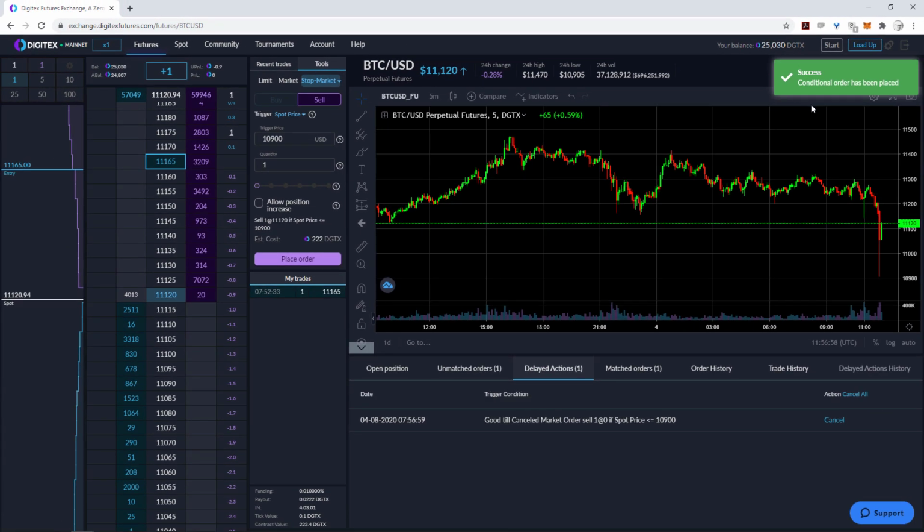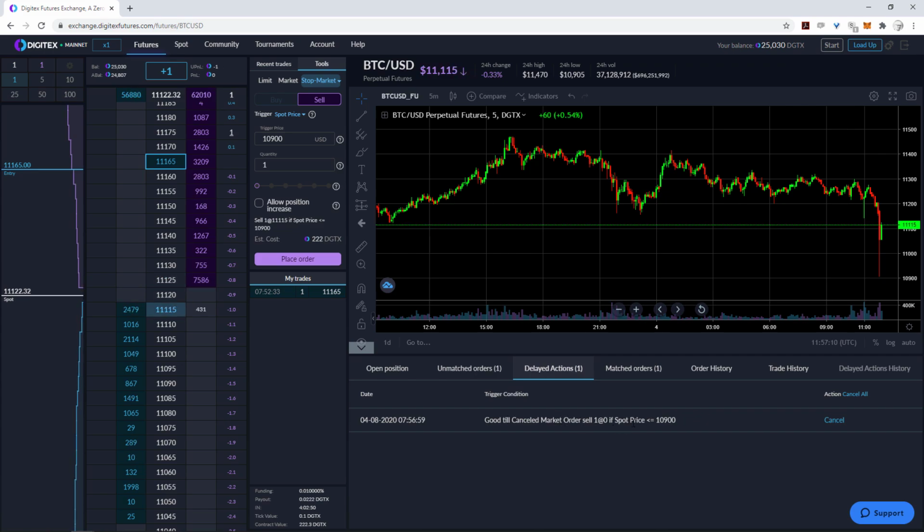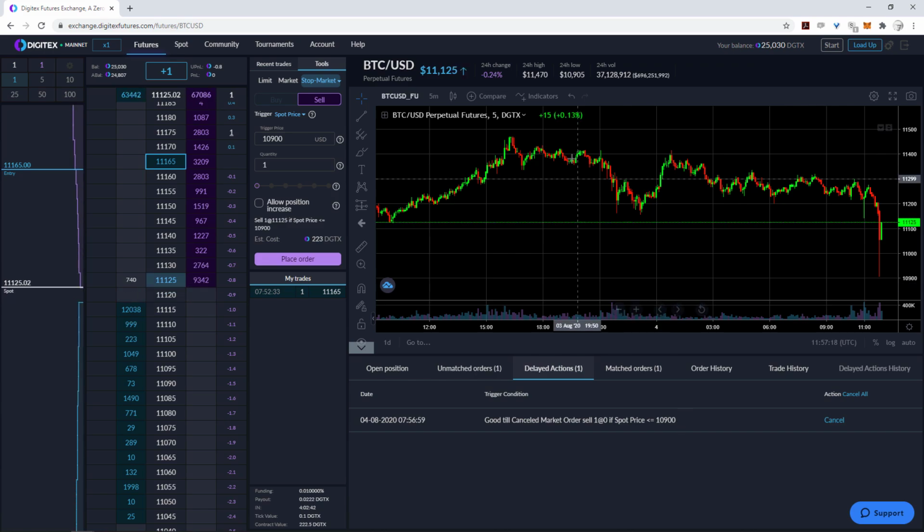And you can see success, conditional order has been placed. You can also see that I have a delayed actions order: good till cancel market order, sell one if spot price is less than or equal to 10,900. That's exactly what I want. So now I have my bracket basically built in.